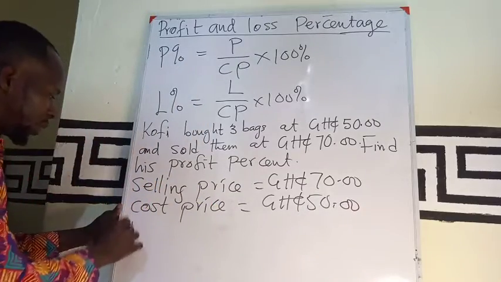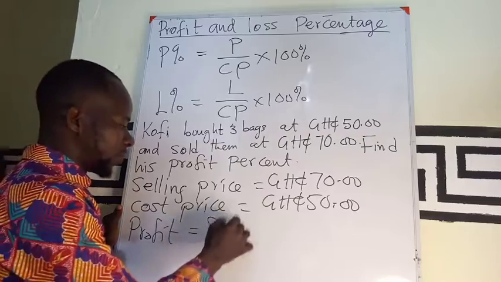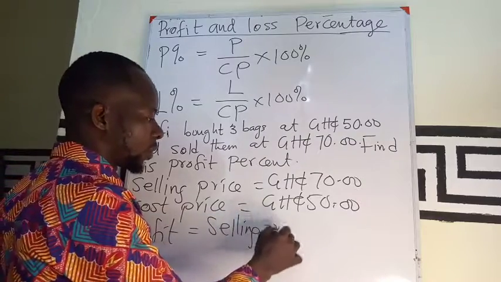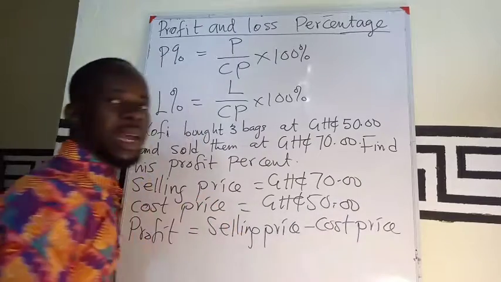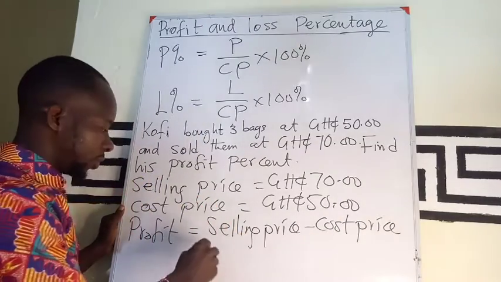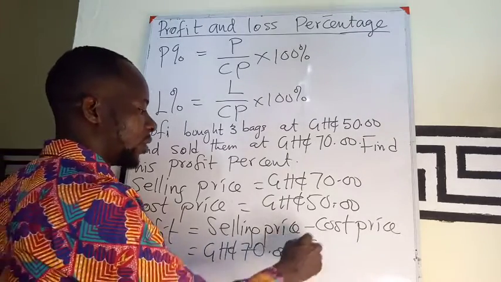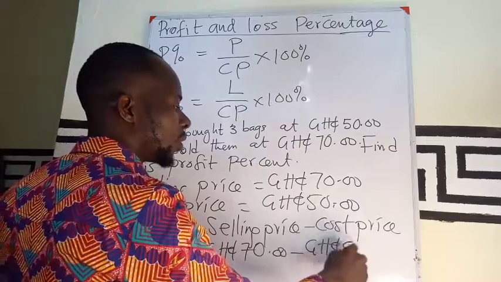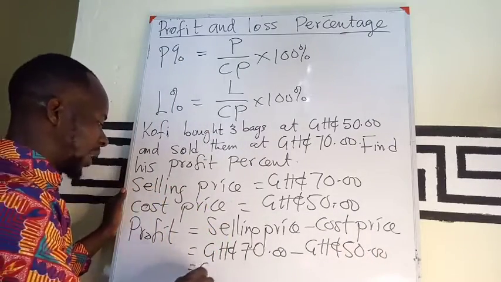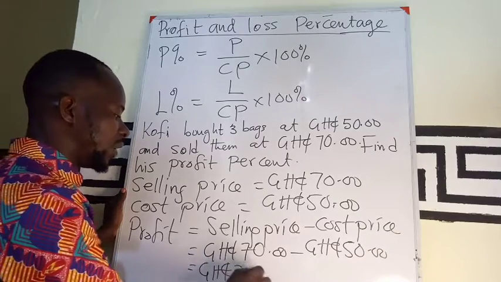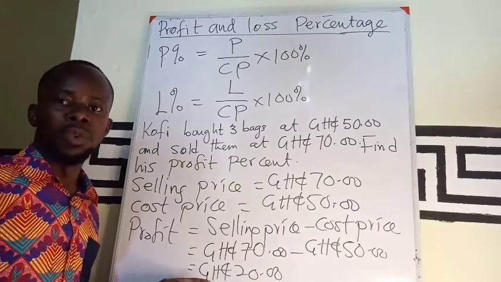So we are making a profit of selling price minus cost price. So this becomes 70 minus 50. If you subtract this, you will get 20 Ghana cedis. So the profit made was 20 Ghana cedis.